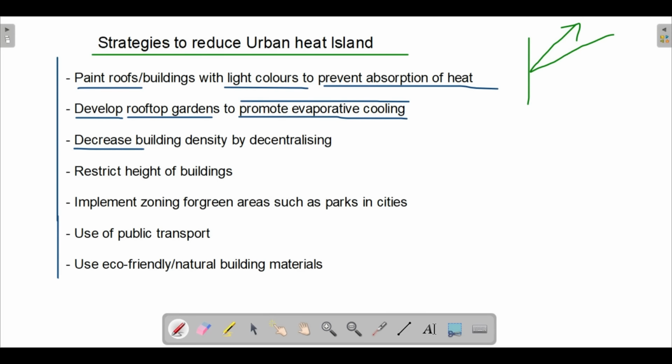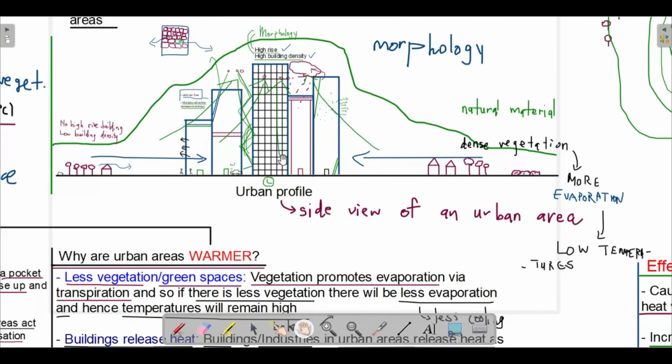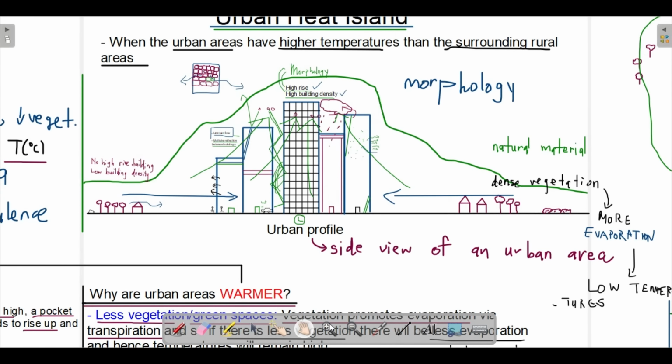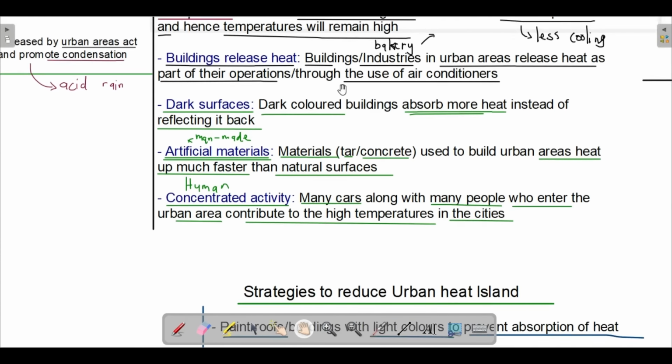We could decrease building density by decentralizing. Decentralizing means moving businesses or organizations or buildings away from the city center. Okay, because there's a lot of activities in the city center. Everyone is here. It is concentrated in the city center. So in order to reduce that amount of activity and improve airflow, guys, we can just implement decentralization.